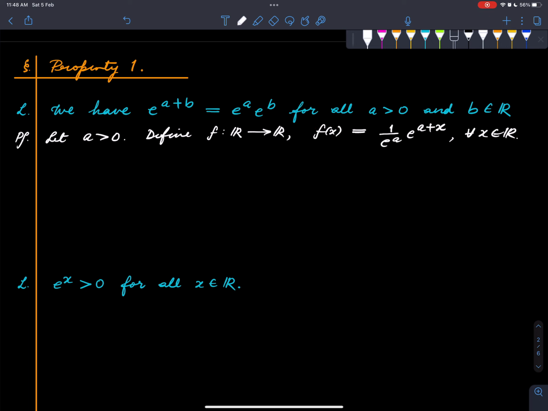And by chain rule, we see that f prime of x is 1 upon e to the a, which is a constant, times the derivative of e to the a plus x, which is again that, because the derivative of the exponential function is the exponential function. If you just apply chain rule, you'll see that this is equal to f of x.